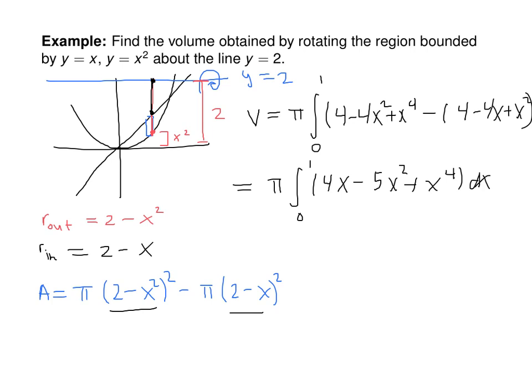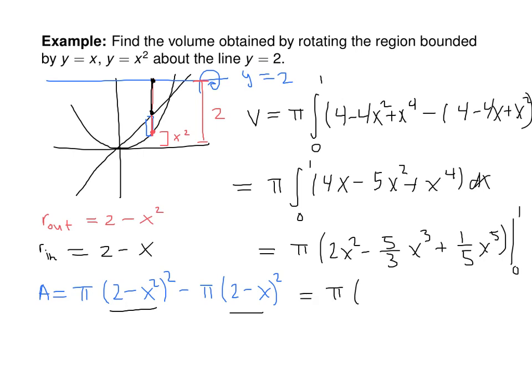Now anti-differentiate, and we get pi times 2x squared minus 5 thirds x to the 3rd plus 1/5 x to the 5th, evaluated from 0 to 1. And that will give us pi times 2 minus 5 thirds plus 1/5, which when you get a common denominator and add it all up, you get 8 pi over 15.